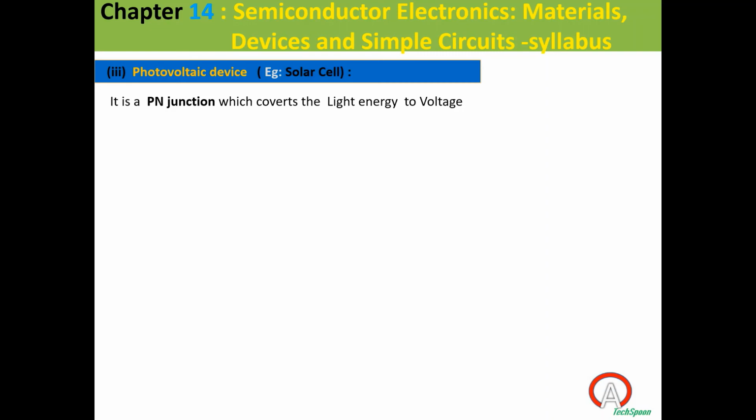You know the solar cell, right? What is it doing? It is producing electrical energy from light energy. Now you will be thinking, what is the difference between a photodiode and a photovoltaic cell?